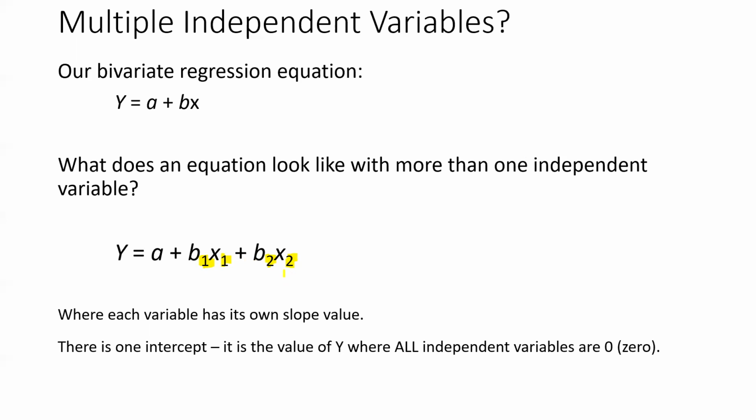This is similar to the way that we labeled multiple groups and their means when we calculated two sample t-tests and ANOVA. In order to perform regression analysis for multiple independent variables, the process is very similar to what we did for linear bivariate regression, although it's more intricate because we have to take multiple variables into account.